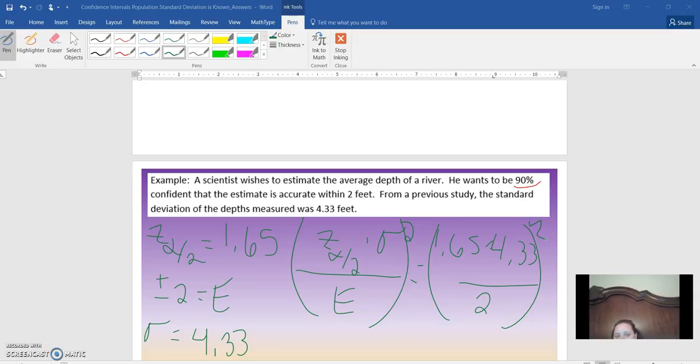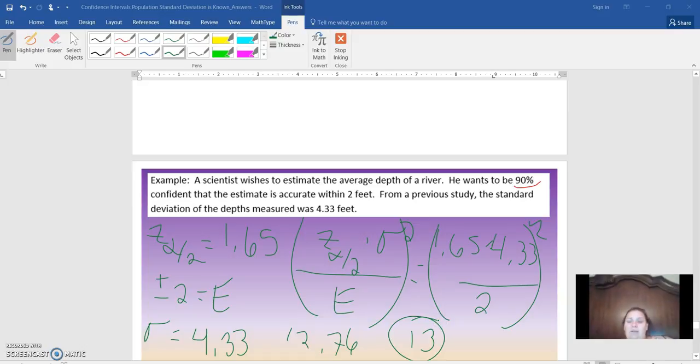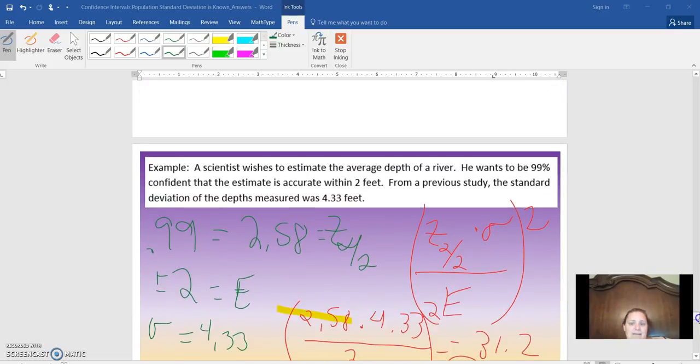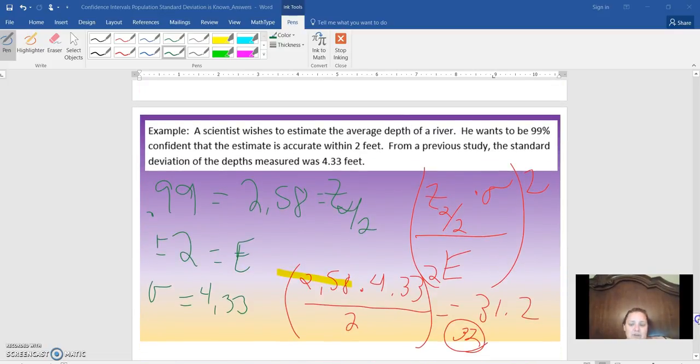I get 3.57, and then I'm going to square it. So I get 12.76. That's really 13. So if I only want to be 90% confident, I'll do 13 of them. If I want to be 99% confident, I'm going to do 32 of them.